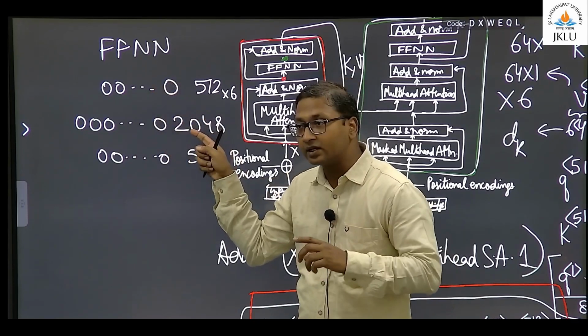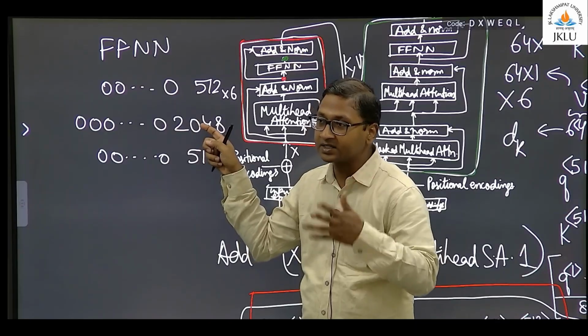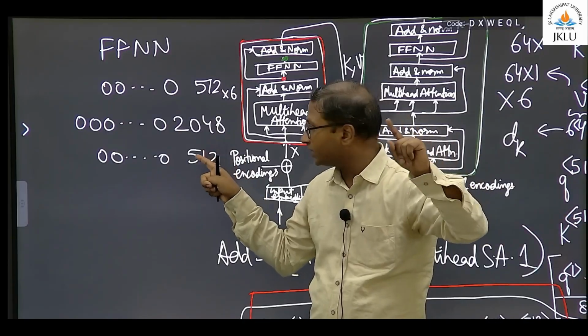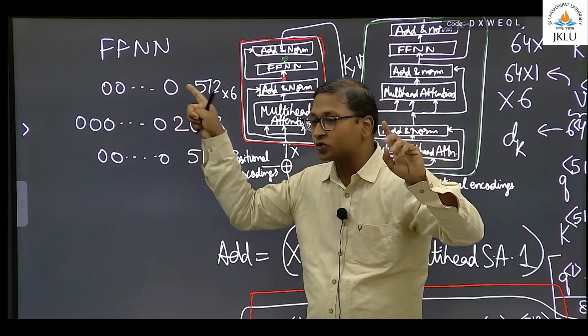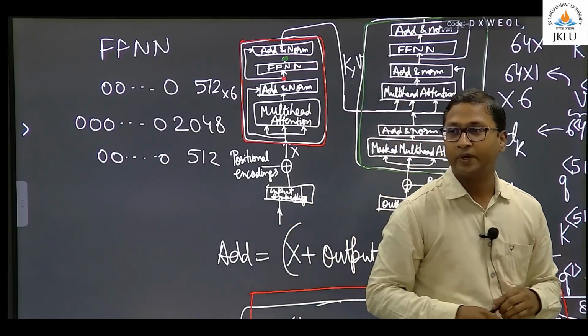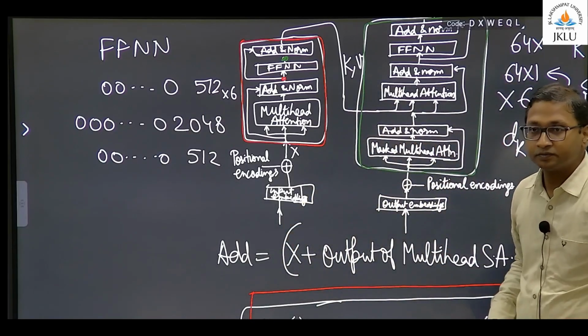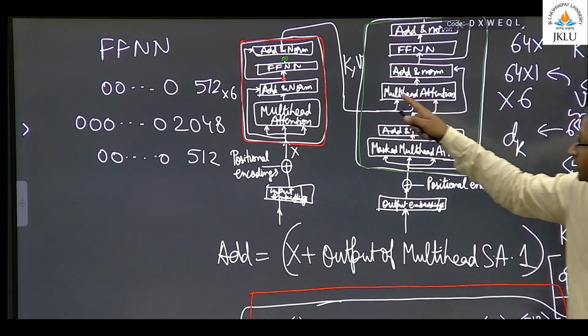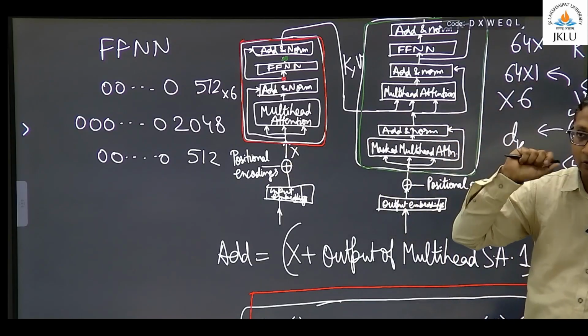You choose any other number, 2x, 6x, 8x, 16x, that's worse. So the original transformer of doing x to 4x and then 4x to x still works the best. We don't know why. Any questions in this part? Now we are done with this. Anything that you want to ask?